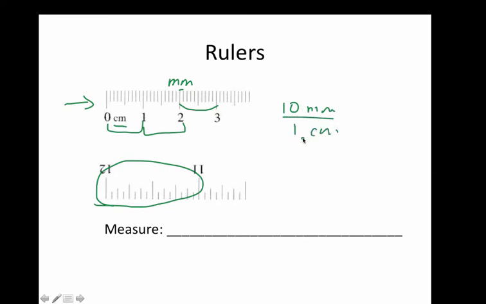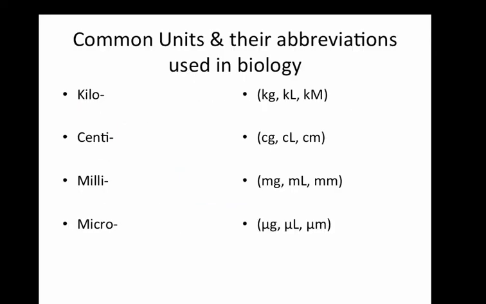So what I'm doing is showing a relationship of the same distance but with different units. Rulers measure something called length, or distance. We will probably use this more frequently in terms of centimeter, millimeter conversion. So you'll be very apt at it once we get going with the different activities in class.